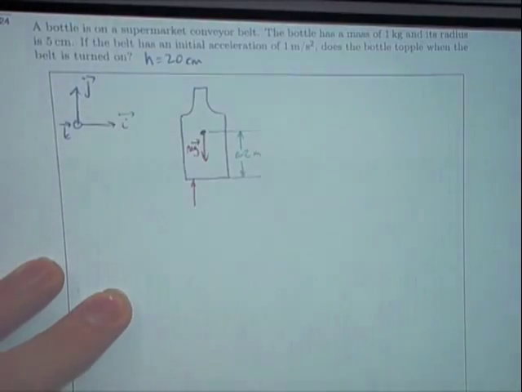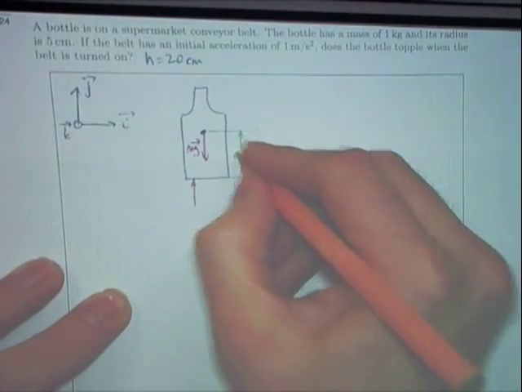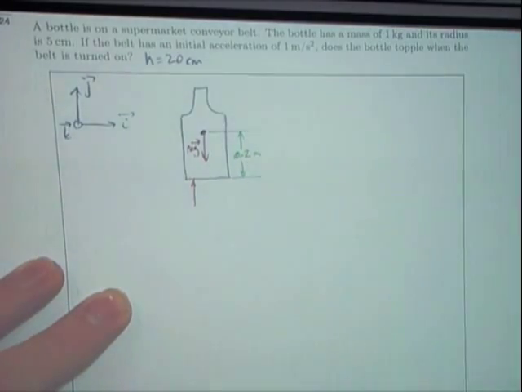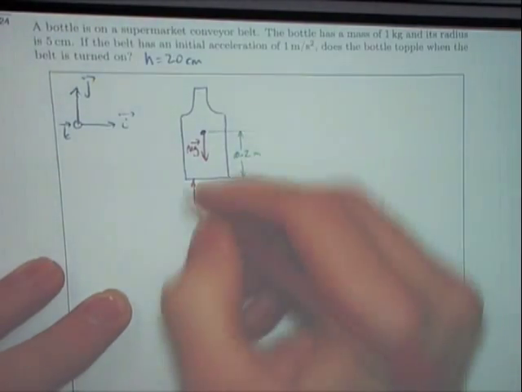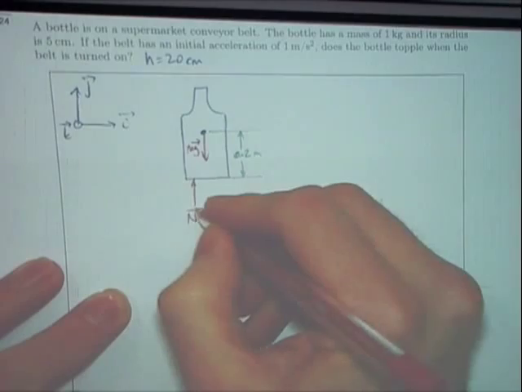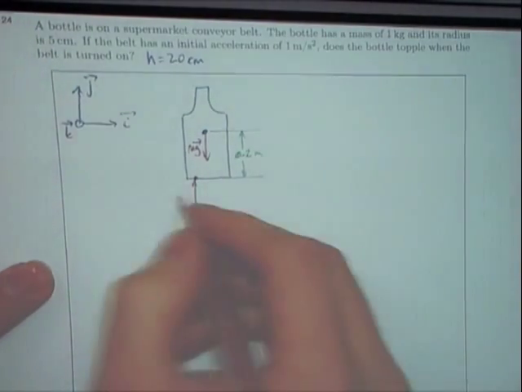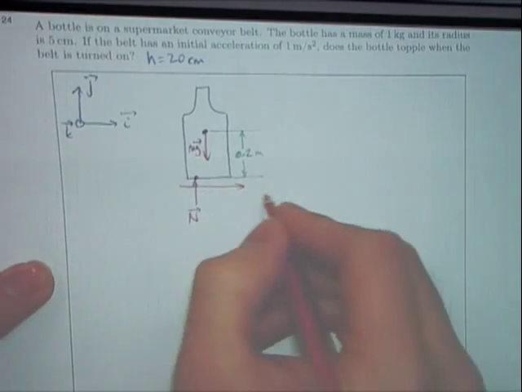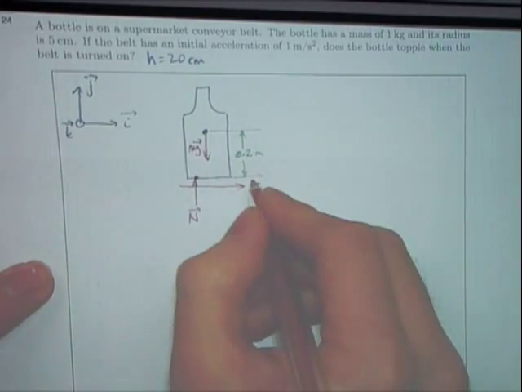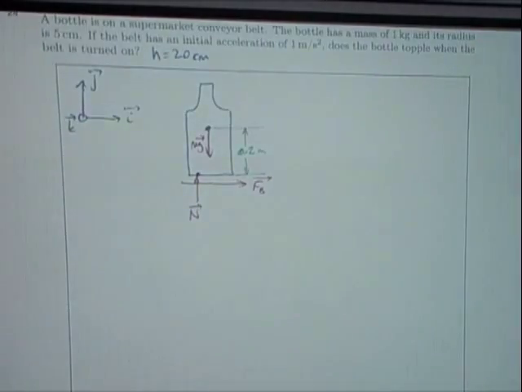That's 0.2, 20 centimetres, yeah. We've got our normal reaction force, okay, which we're positioning at this point here. And we've got a force being applied by the belt in this direction, FB. Because it's not sliding along the belt, we're assuming that we don't need to worry about friction, okay? The belt and the bottle are the same thing.